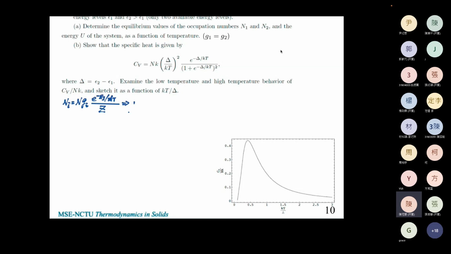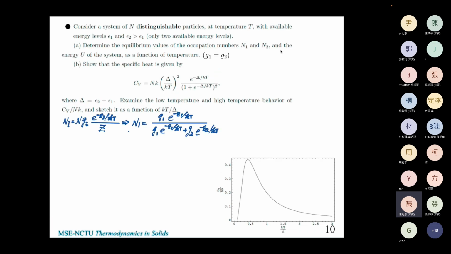So N_1 equal to g_1 exponential minus epsilon_1 over kT, divided by g_1 exponential minus epsilon_1 over kT plus g_2 exponential minus epsilon_2 over kT.